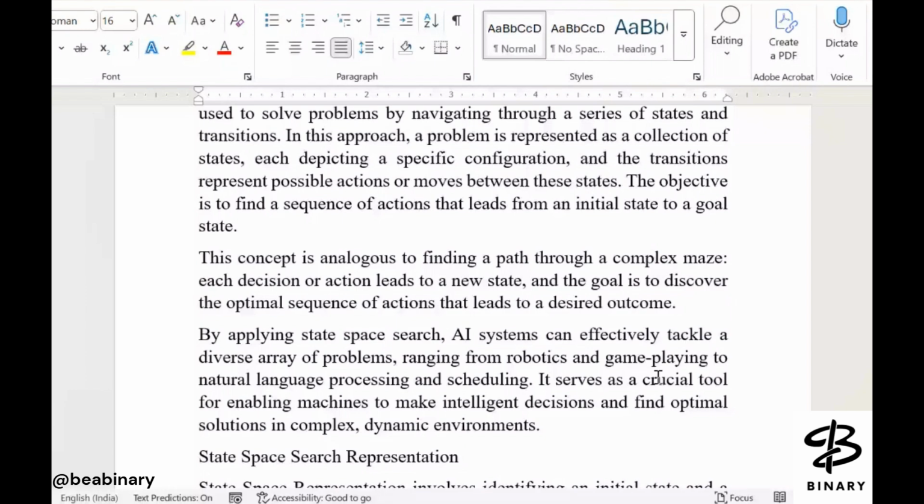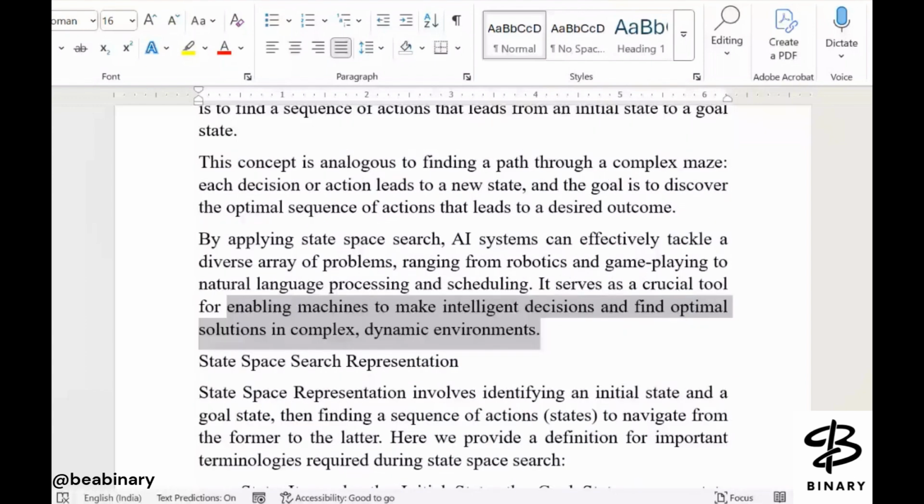So this search strategy can be used in these kinds of problems, and it serves as a crucial tool for enabling machines to make intelligent decisions and find optimal solutions in a complex and dynamic environment. So in the state space search, we can solve complex problems also. So what are the steps?